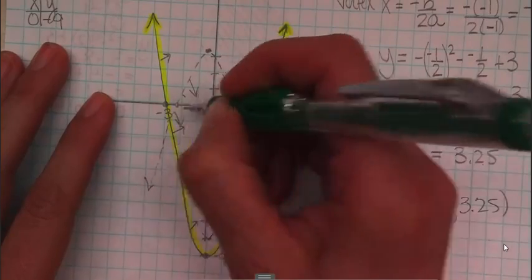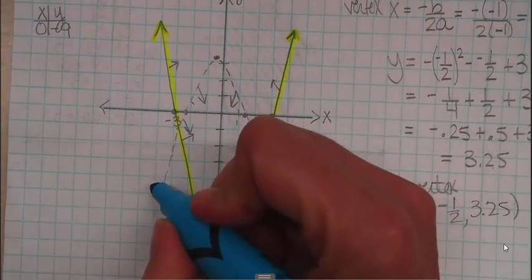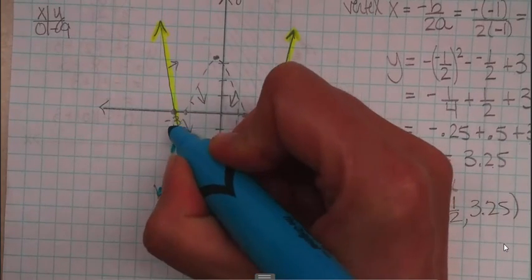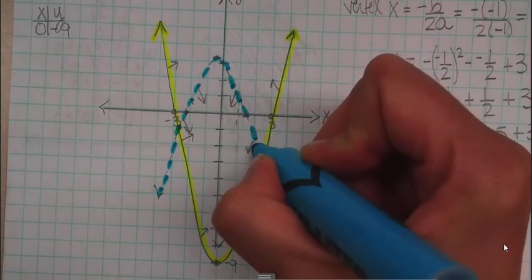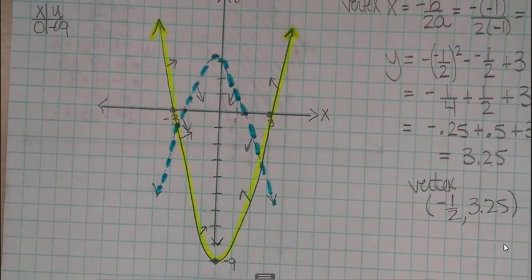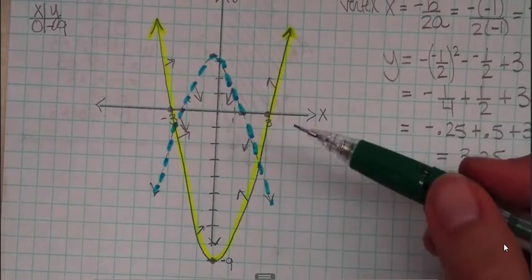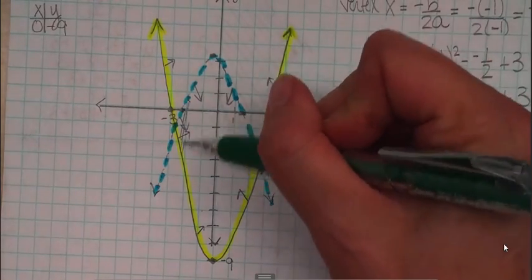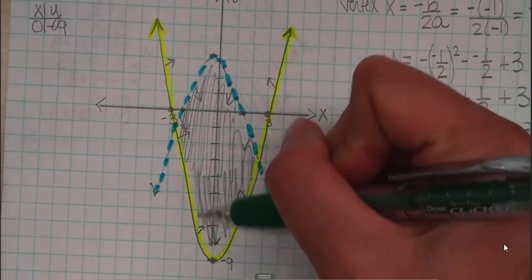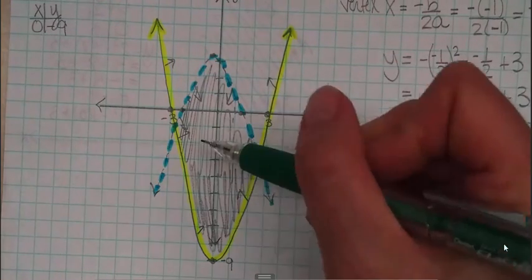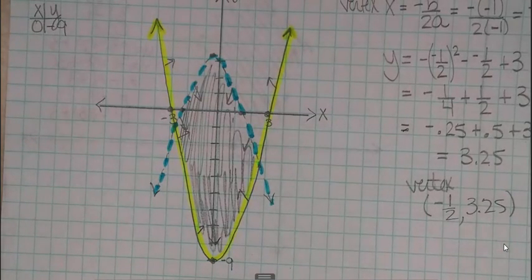So the question is, where do the things overlap? Oh, wait, let's do a blue, just for fun, just to make this pretty. And I need to shade below the blue one, above the yellow one, so the area I end up shading is right here. And again, if you wanted to double check that this was true, choose any point in here and plug it back into both inequalities and see if they actually work.